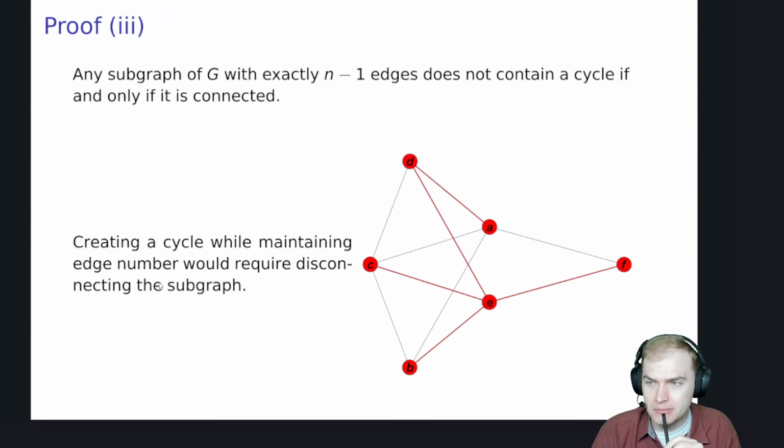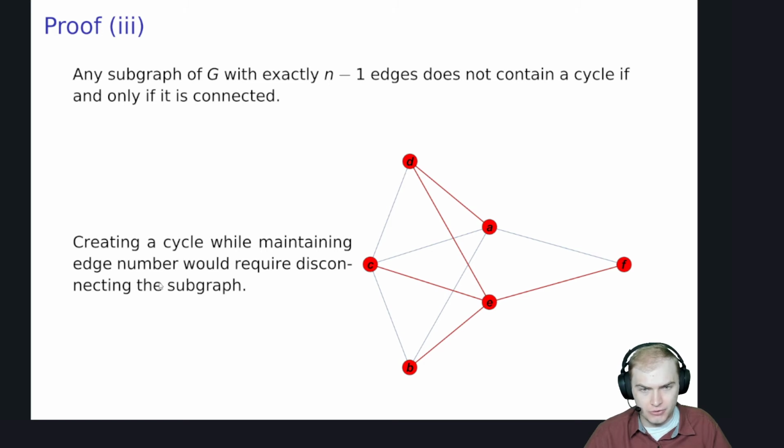The third statement we had was that a subgraph of G with exactly n minus 1 edges does not contain a cycle if and only if it's connected. Suppose we want to create a cycle here. Let's add this edge like we did before.